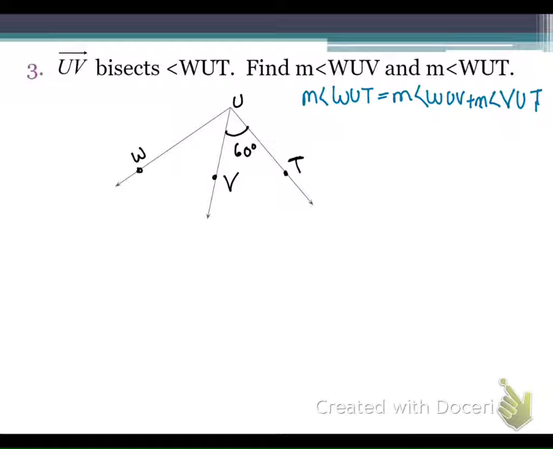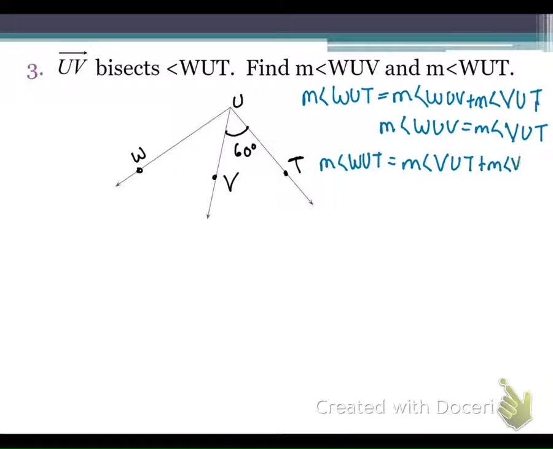Yep, we're going to set those second parts, the two smaller angles, equal to each other. So the measure of angle WUV equals the measure of angle VUT. Now you get to pick which one you like. VUT? Okay, so we're going to go here. The measure of angle WUT equals the measure of angle VUT plus the measure of angle VUT.